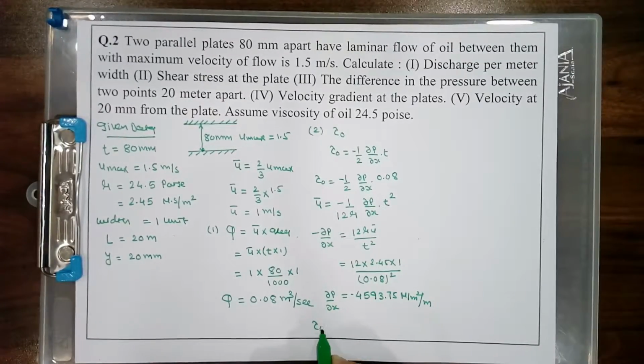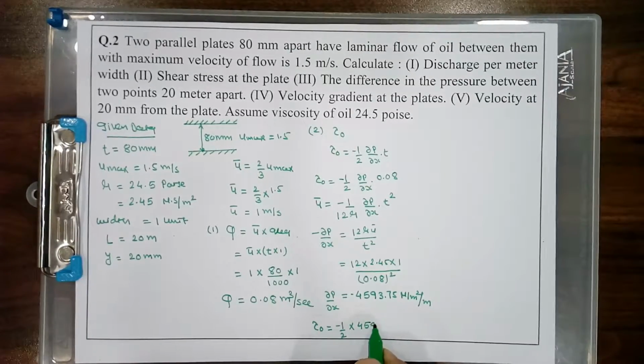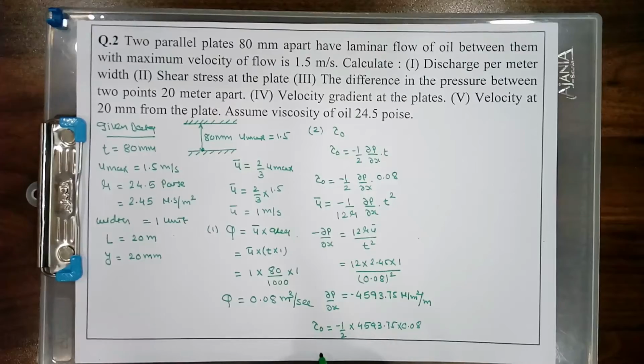So tau naught equals minus 1/2 into 4593.75 into 0.08. So the value of tau we get is 183.75 Newton per meter square. Here the value is minus.